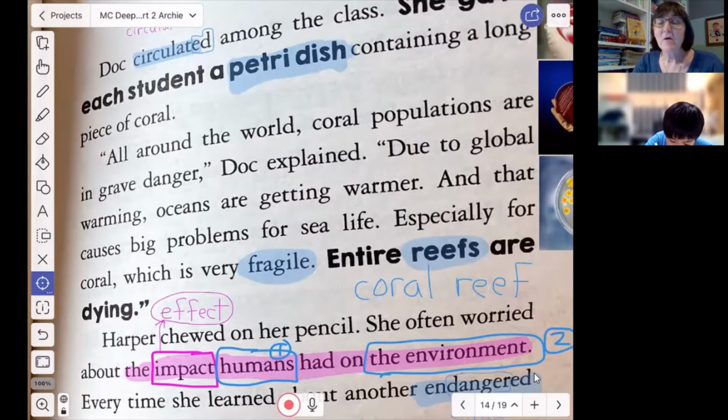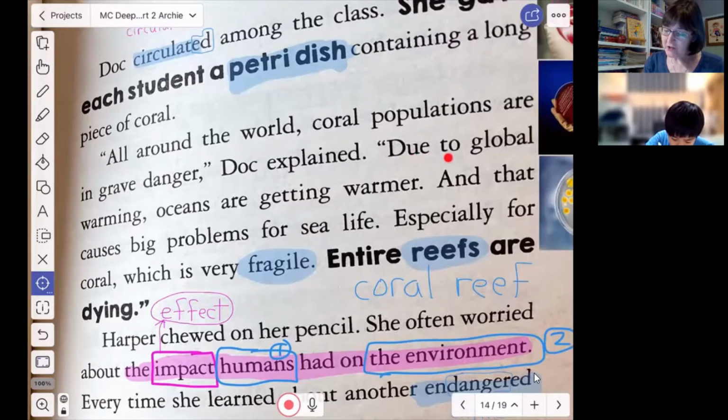If we're talking about coral population, we are wondering, well, how many different coral plants are living in the world? And she says this population of coral is in grave danger. Grave means very, very serious. Well, let's see what that means.